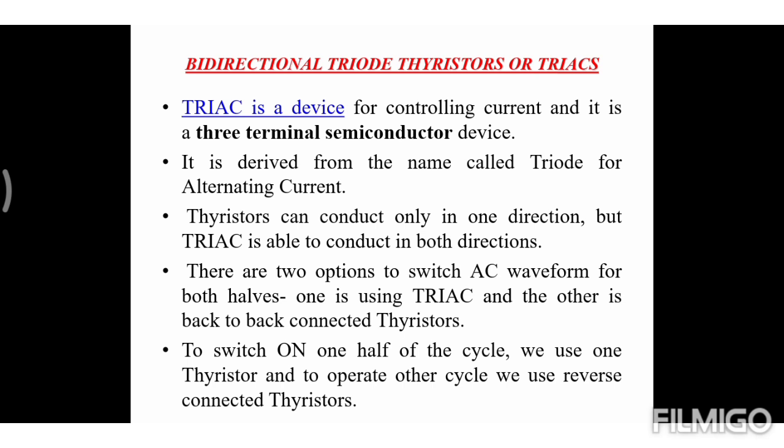That means it conducts in both directions. Next, there are two options to switch an AC waveform for both halves. One is using a TRIAC and the other is back-to-back connected thyristors. To switch one half of the cycle we use a thyristor, and to operate the other half we use a reverse conducting thyristor.